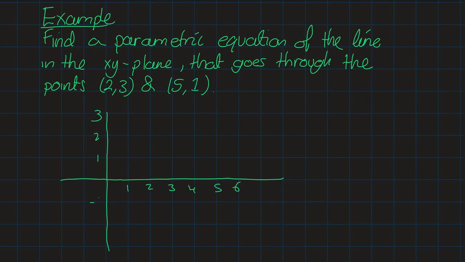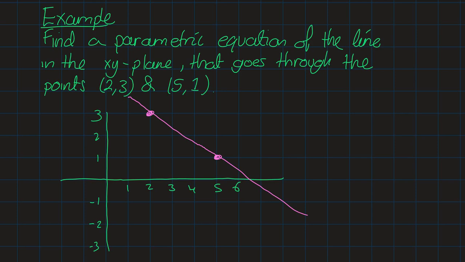Okay, -1, -2, -3, whatever. And I'm just going to plot these 2 points. Okay, so (2, 3) is up here, and (5, 1) is there. And I want the line that goes through these 2 points. So I want this line here.